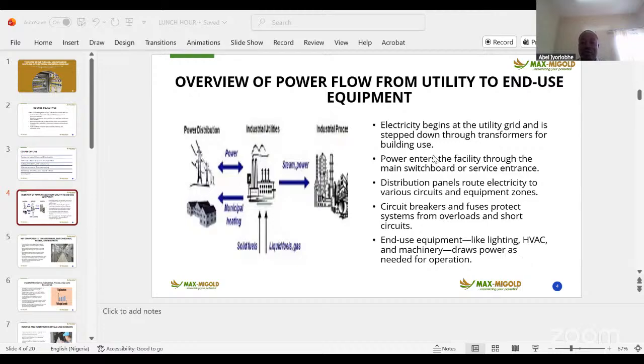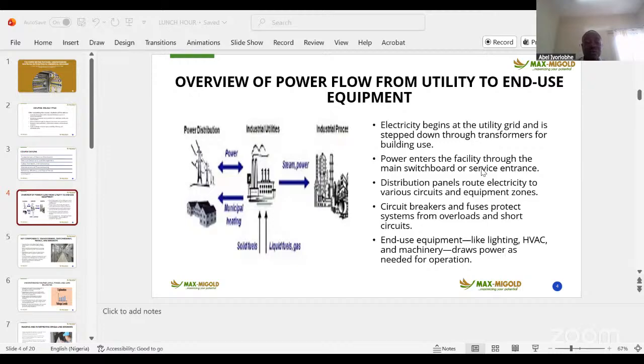To run through this, we have the generation station where you have your generator or your transformer. You have the power transformer, which modifies the generated voltage to what is needed in the building. Just like your production, a producer has not produced anything if he has not got to the table of the consumer.